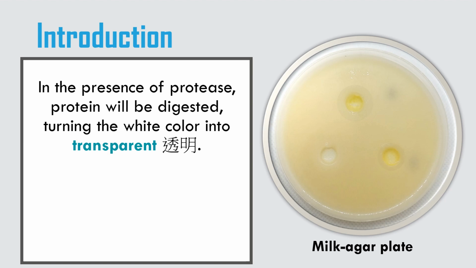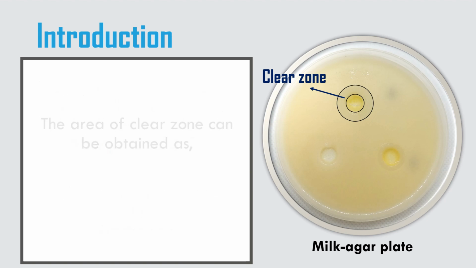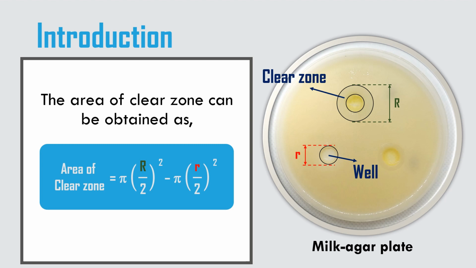In the presence of protease, proteins will be digested, turning the white color into transparent. This transparent area that appears is called a clear zone. And we can obtain the area of the clear zone by using this formula.